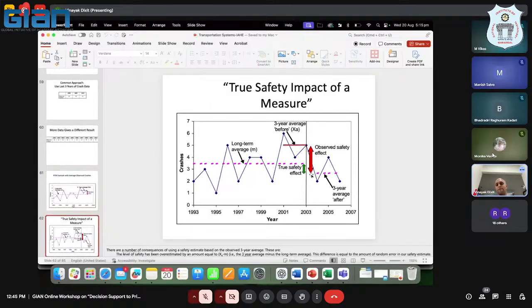What you should be looking for, when we are looking at the true safety impact, is that we should not be looking at the 3-year before and 3-year after average. We should be comparing the true long-term mean versus the actual 3-year after average, not the before.